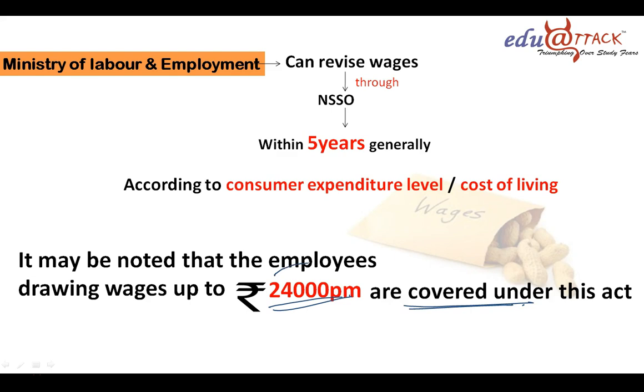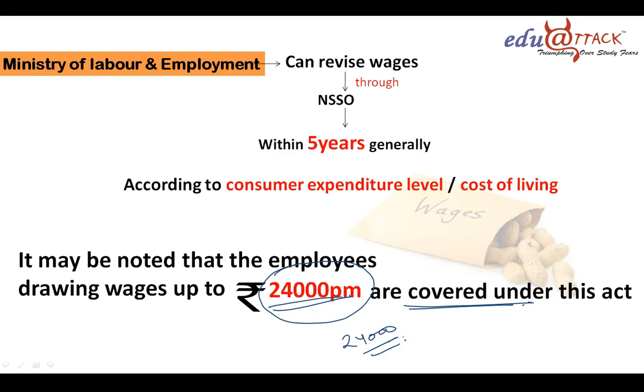This is 24,000 per month, and this is the base of the act. The employees who are drawing wages up to rupees 24,000 per month are covered under the Payment of Wages Act. If you are earning 24,001 rupees, then you are out of this act. So how is this 24,000 prescribed here?